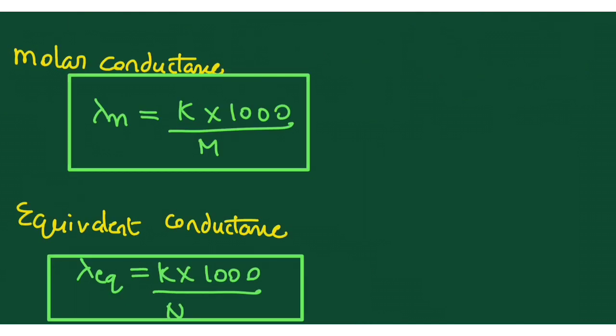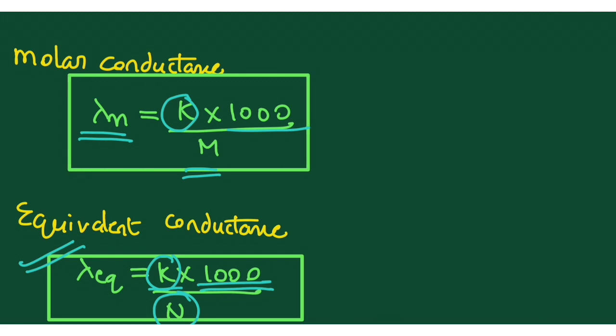Now, moving to the other fact, the molar conductance. The molar conductance is given by lambda m, and the formula is kappa into 1000 divided by molarity. Equivalent conductance is also given by kappa into 1000 divided by normality.